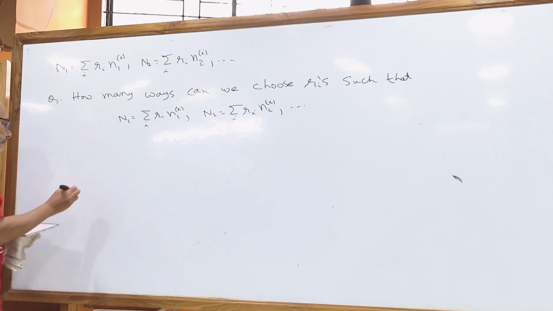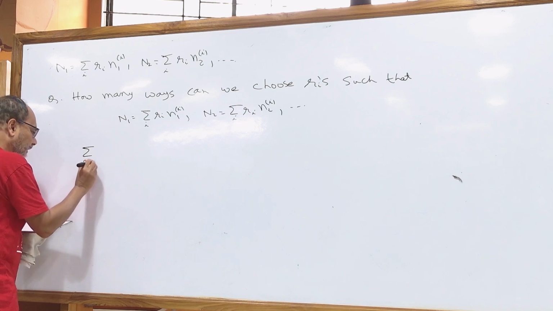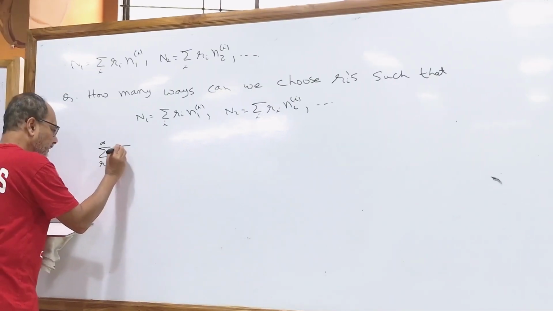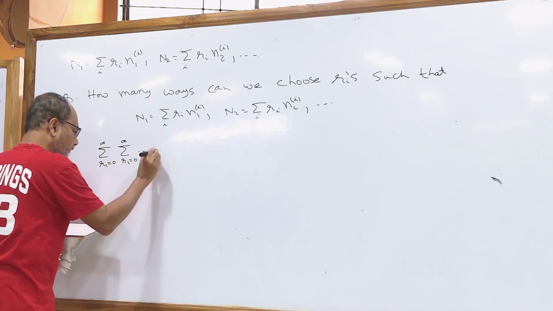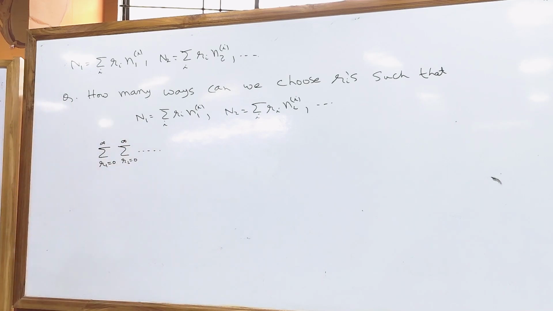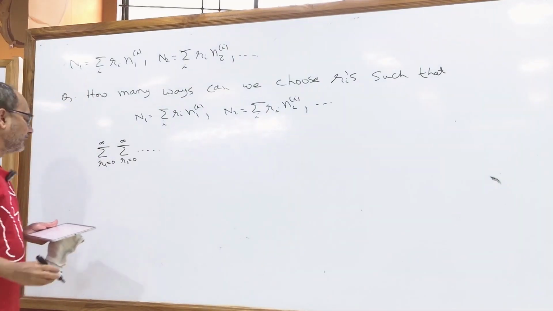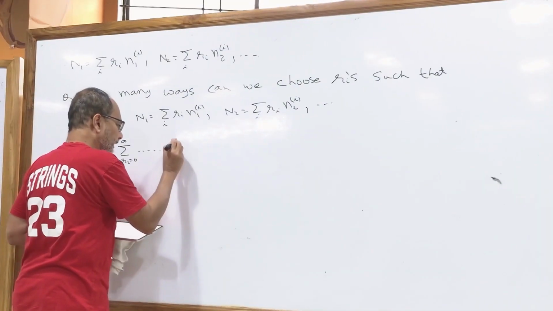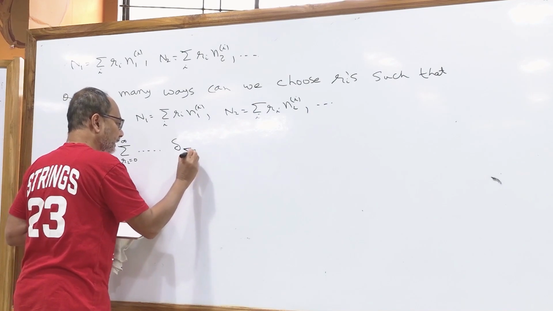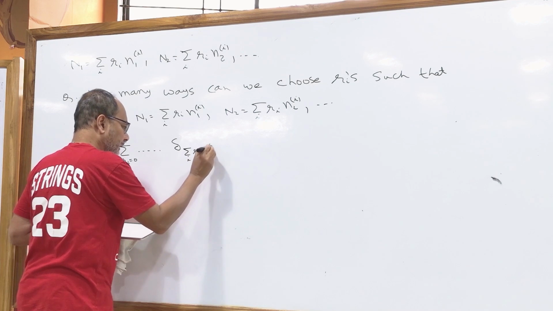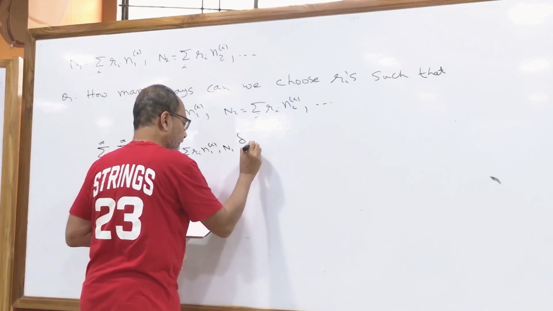So you can write this as the sum over r1 equal to 0 to infinity, sum over r2 equal to 0 to infinity, the infinite number of them, and then we write delta of sum over i ri n1i, n1.